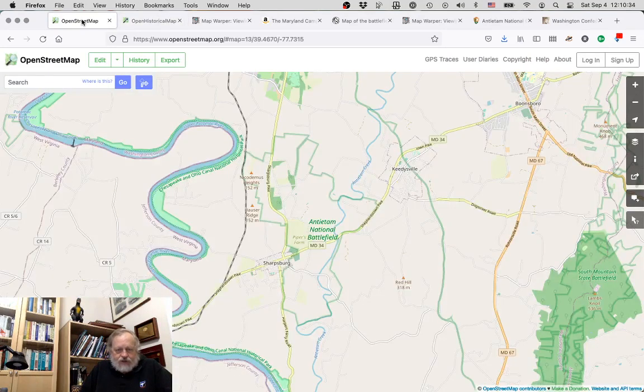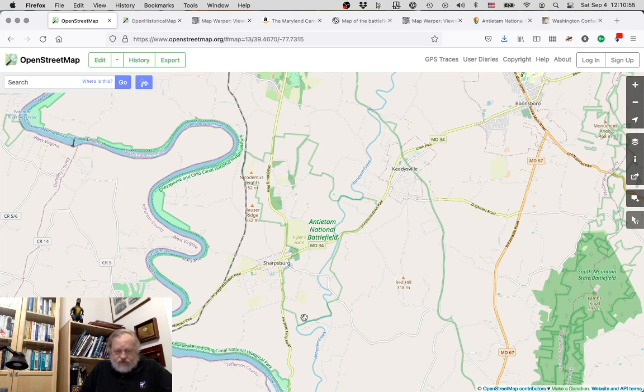Now, the day of the battle, what had happened is that Lee had crossed the mountains to the east, where the mouse is now, and he had found out from scouts that the Union soldiers were coming, so he set up a perimeter around Sharpsburg.